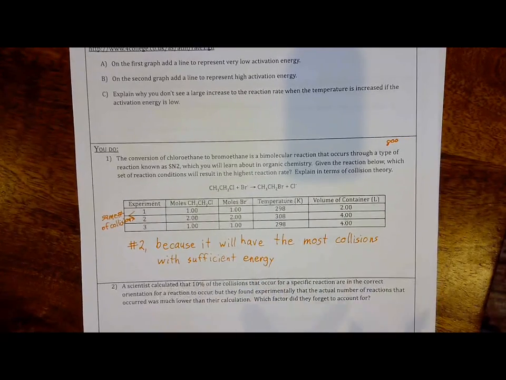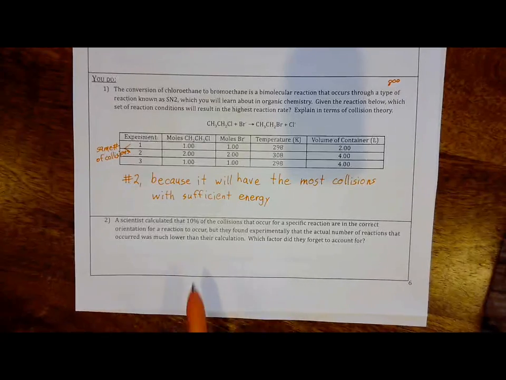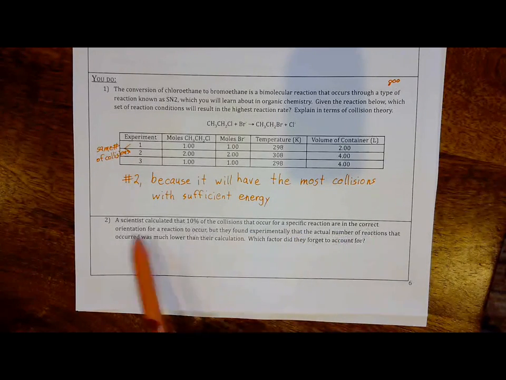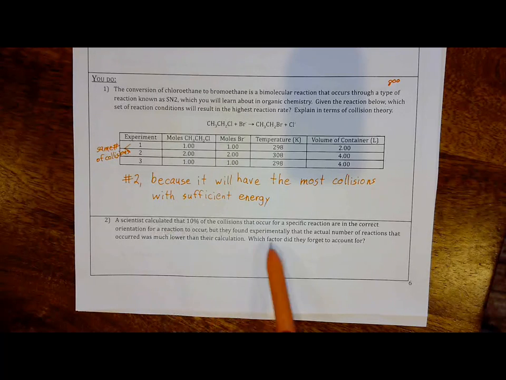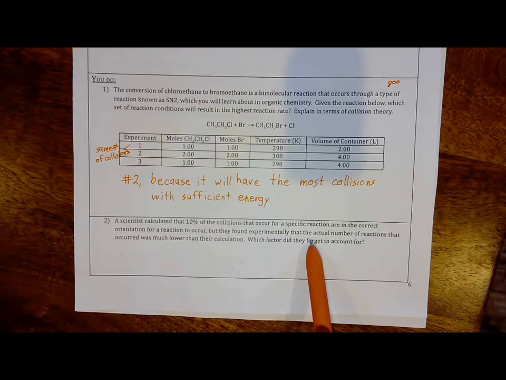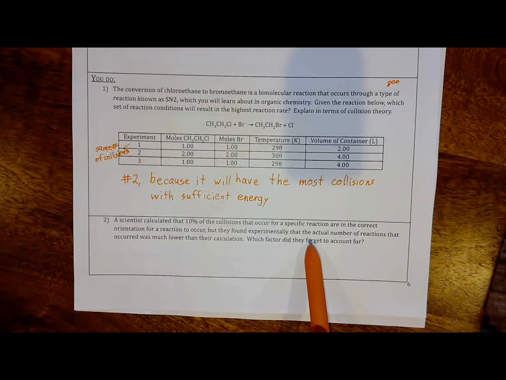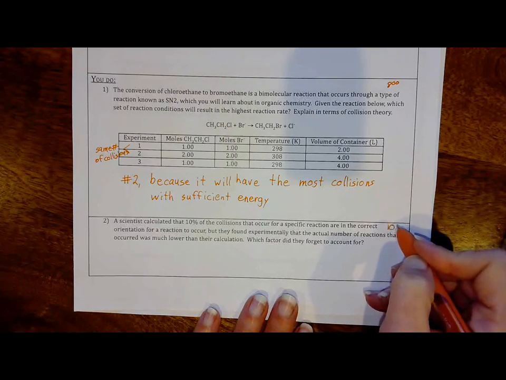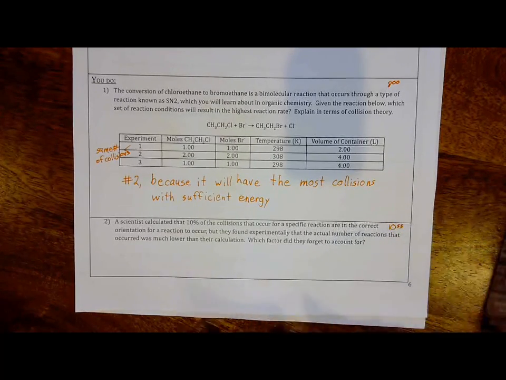Okay, now we have our scientists calculating that 10% of the collisions that occur for a specific reaction are in the correct orientation, but experimentally the number of reactions that occurred was much lower than their calculation. So what did they not account for? Well, we have to remember there are two things required for an effective collision, and those two things are correct orientation and sufficient energy.